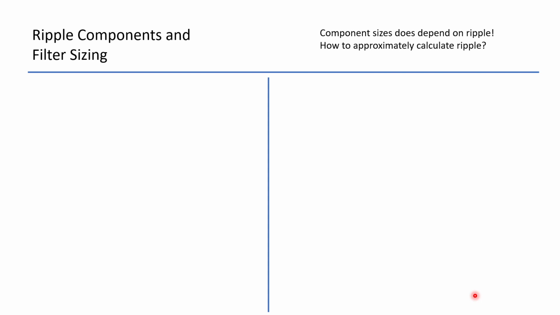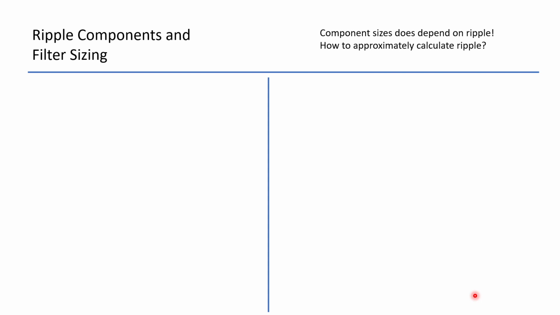Filter sizing means you're trying to choose the right, most satisfactory component size, storage element size, like the inductor, how many millihenry, or a capacitor, how many farad, maybe microfarad, something like that. So component size does depend on ripple.